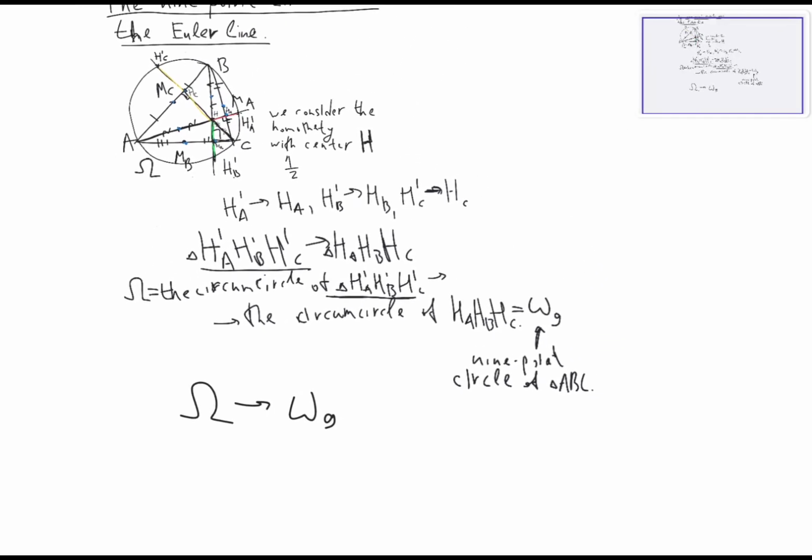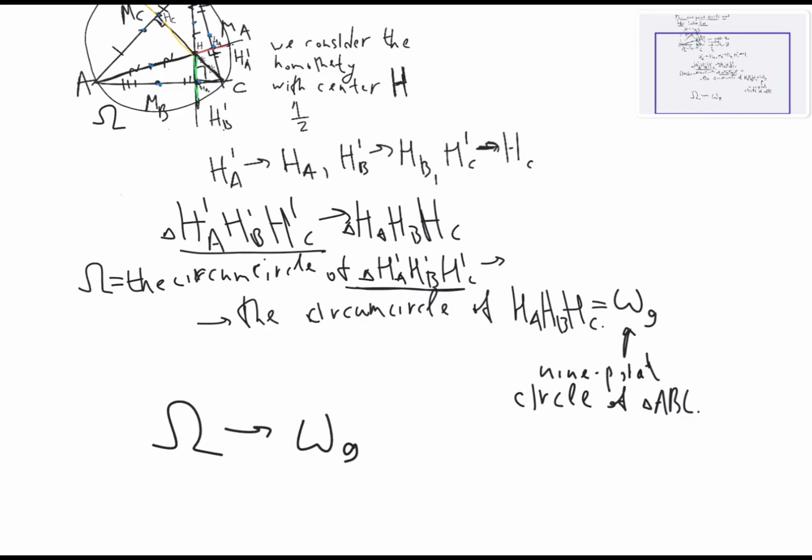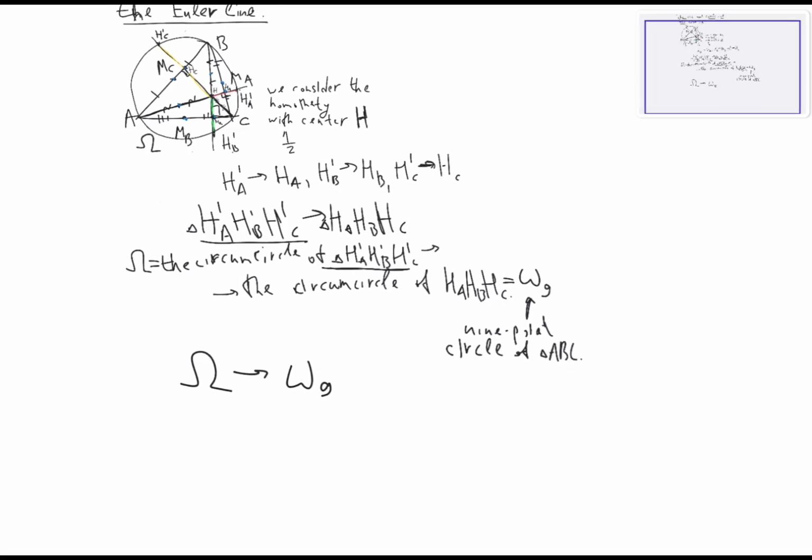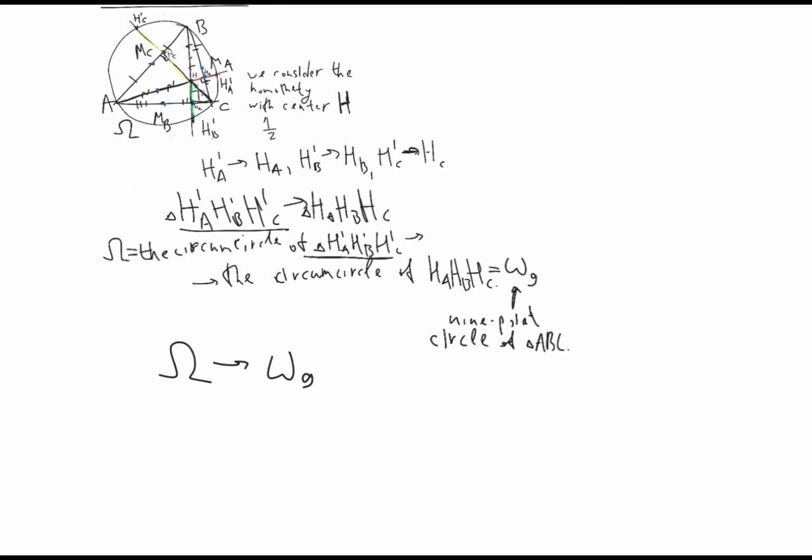So this means that in particular the radius, so remember that the coefficient of the homothety is, not 2, well, 1 over 2. So this means that the radius of the 9-point circle is exactly twice smaller than the radius of the circumcircle.